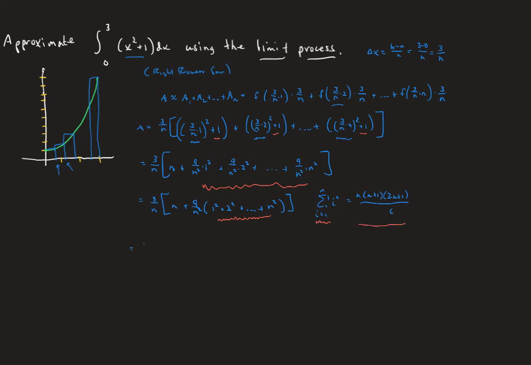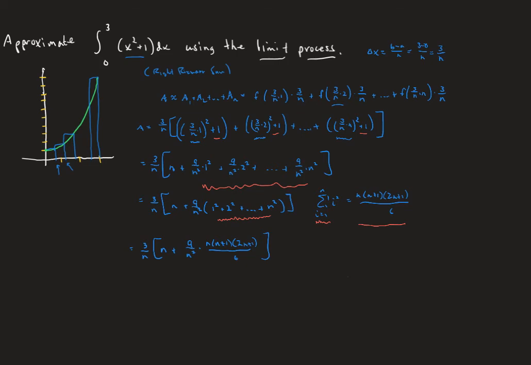So this is going to become 3 over n times n, there's our n from adding all the ones, plus 9 over n squared that we factored out, times the formula n times n plus 1 times 2n plus 1, and that's all over 6.